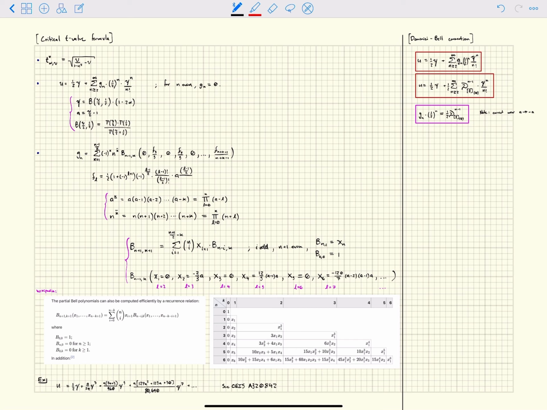For example, you can take partial derivatives of the critical t-value with respect to its arguments. You can express the critical t-value as a function of its arguments. You can look at gradients. You can, for example, bound errors or propagate uncertainty through formulas in which this critical t-value arises. There are lots of uses and lots of interesting connections.